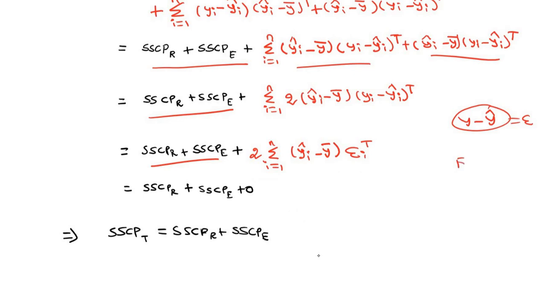You know the expectation of the error term is equal to 0, so with the help of this, the sum of errors must be equal to 0. Therefore you can write the third term as 0. So then we have the required result: SSCPT is equal to SSCPR plus SSCPE. That is, the sum of squares and cross product of total is equal to the sum of squares and cross product of regression plus the sum of squares and cross product of error. Thank you.